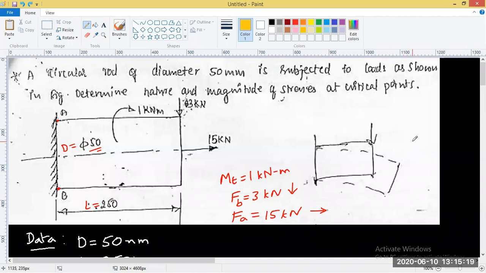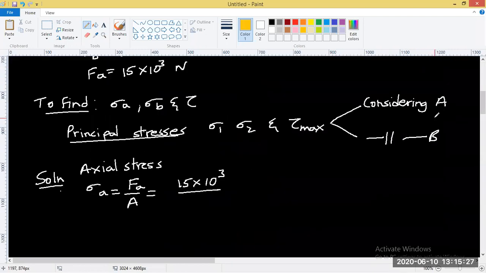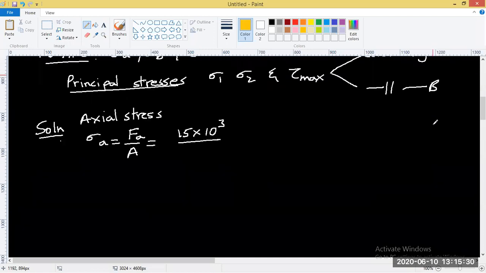It's a circular cross-section of diameter 50, so we'll write the cross-sectional area as pi by 4 into d square, where d is 50 squared. With this, we'll get the axial stress.